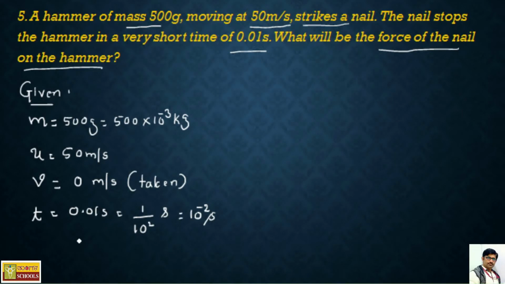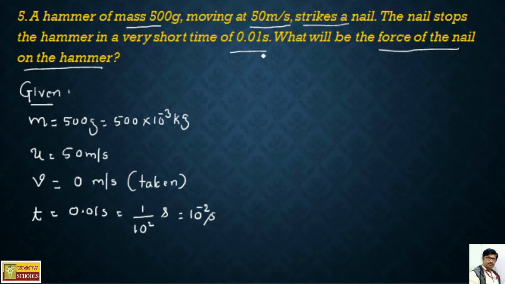The question is the force of the nail on the hammer. Keep in mind, they are not asking the force of the hammer on the nail. It is opposite to that. The force for a short interval of time of the nail on the hammer. Please take care of each and every word given in the problem. I hope you are following my directions correctly.